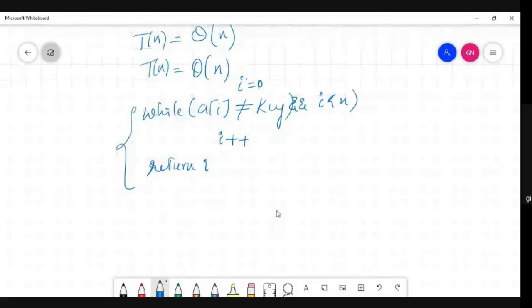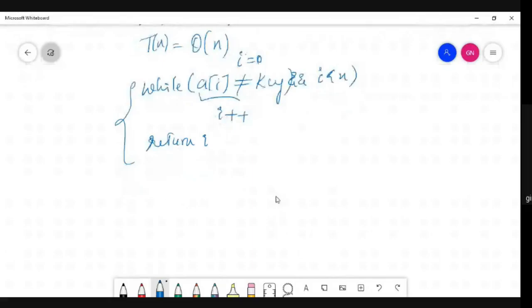Observe, whenever it's comparison, sometimes your basic operation can be inside the loop, or it can be the condition of your loop itself. I can split this one also, not a problem. By that time, we have found out the basic operation is comparison. In fact, it takes 1 unit of time. For how many times is it repeating? From 0 to n.